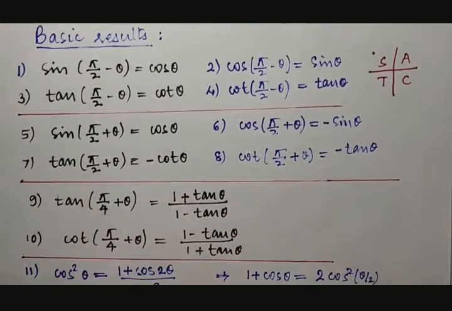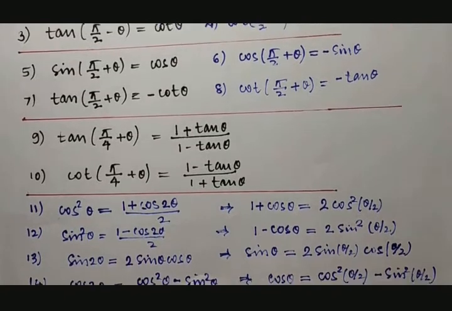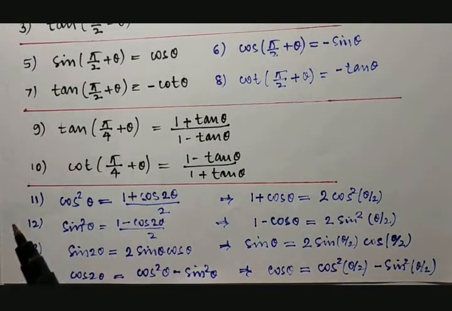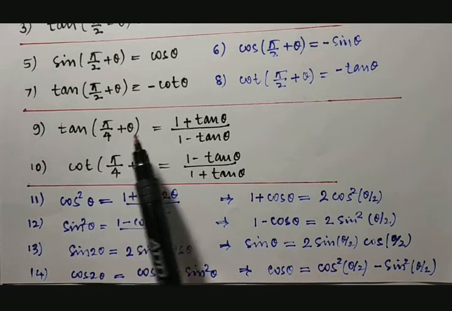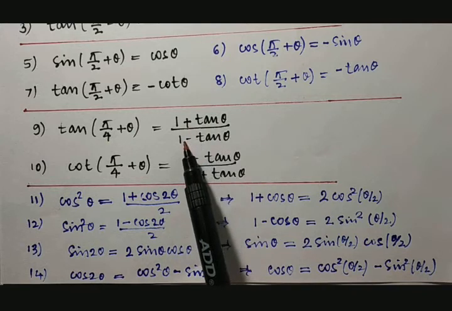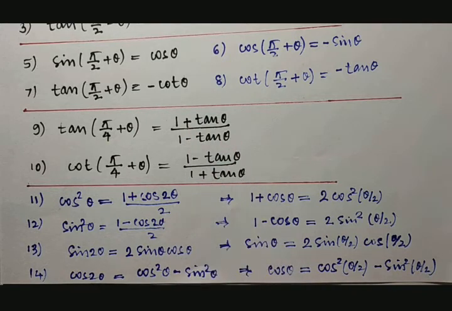Okay. Few more important results we need. They are nothing but tan of 45 degree plus theta. Tan of 45 degree plus theta will be taken as 1 plus tan theta divided by 1 minus tan theta. You may ask how it is.